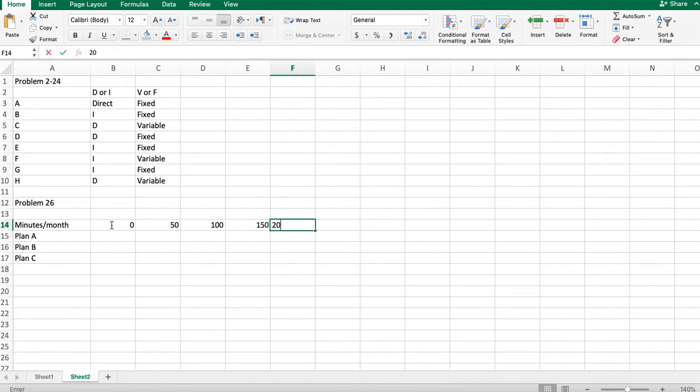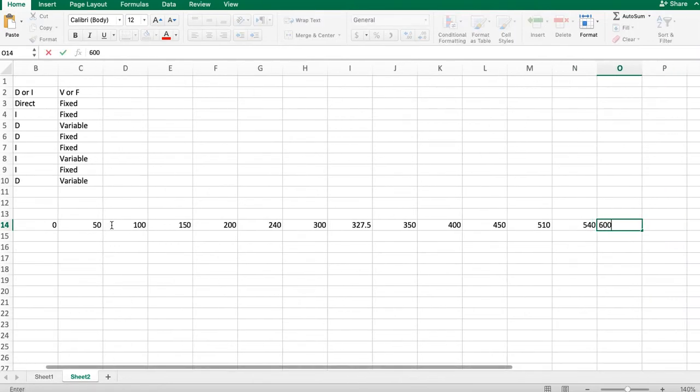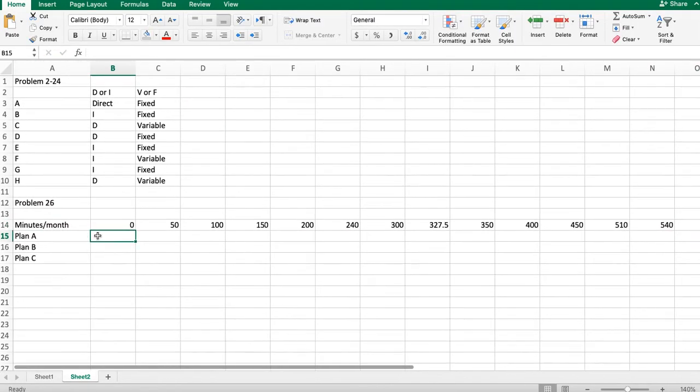That gives us a good range. And I'm just giving you an example from the book.